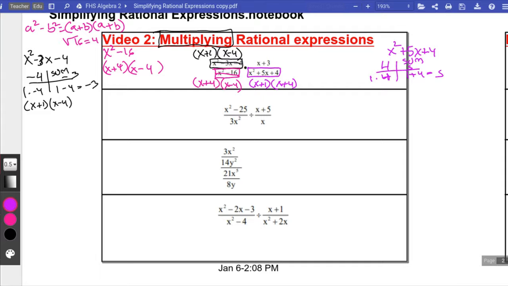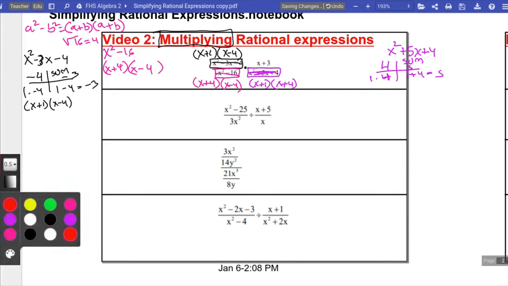Because it looks a little overwhelming, I'm going to rewrite the whole thing. So let's rewrite it. It looks like this. At the top of the first one, I have x plus 1, x minus 4, times x plus 3.